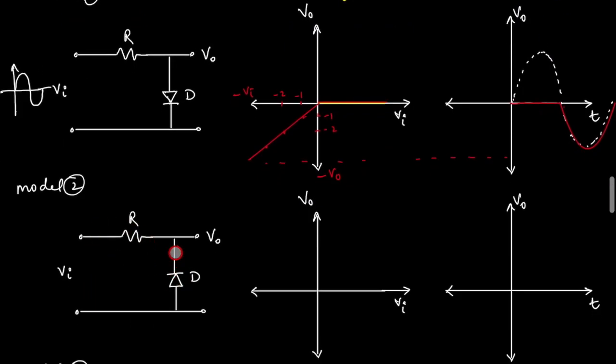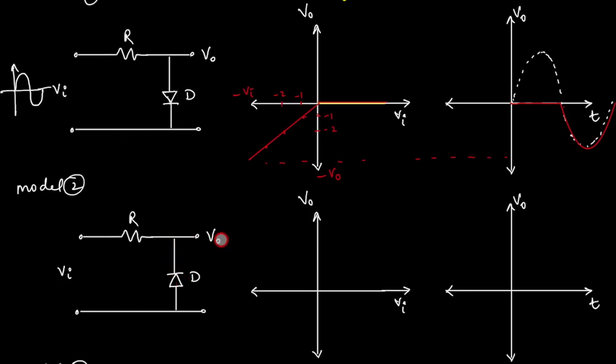Fine. So similarly we'll analyze the second circuit. Here notice that the diode direction is changed. We are going to modify this shunt circuit in many different ways. That's how we are producing many different models. If positive comes, this is reverse bias because the cathode is here, so it is open circuit. Everything will be transferred to the output.